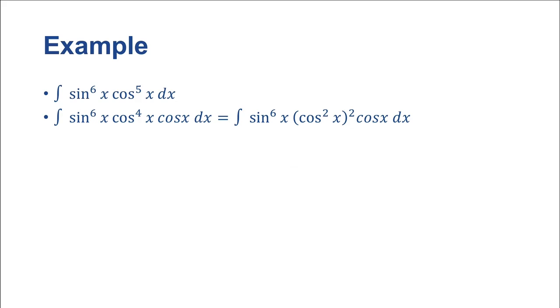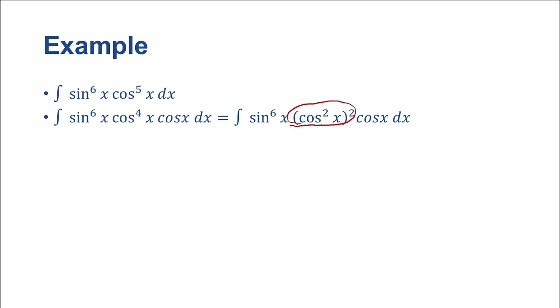So this is going to give us the integral of sine to the 6th of x times cosine to the 4th of x times cosine of x dx. And what we do after this is factor that in, so we've got a cosine squared inside.